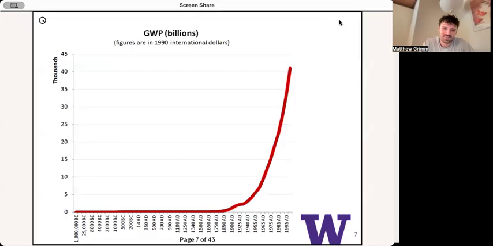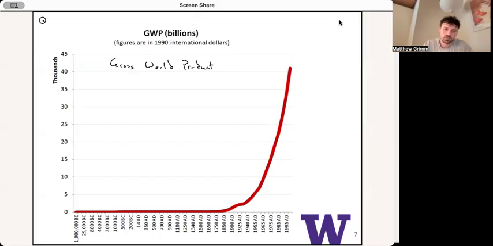So here's a graph, and it is GWP, which is the gross world product. We're used to talking about gross domestic product, which is GDP, of a certain country. This is of the entire world.